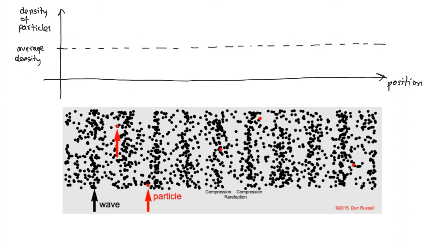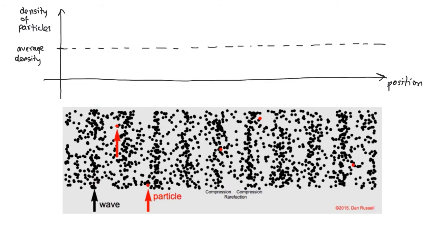That is recognizing the fact that yes, there are overdense regions and underdense regions, but if we averaged over all of those regions, we would have some average density of the gas or the air carrying the sound. In this case, that literally would just be counting the total number of particles in this whole image and dividing by the size of the image, either length or area or something like that. And that would give you an average density number.